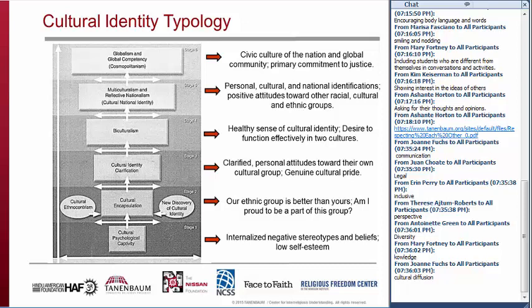This is the cultural identity typology, which was created by Dr. James Banks, who's a member of our program advisory council. In each of these stages, what he began to outline was what are some of the stages that are somewhat fluid.